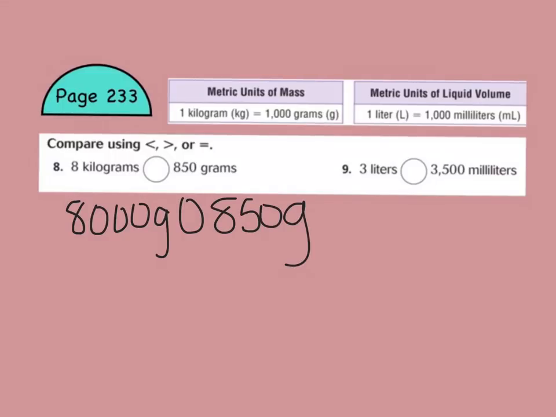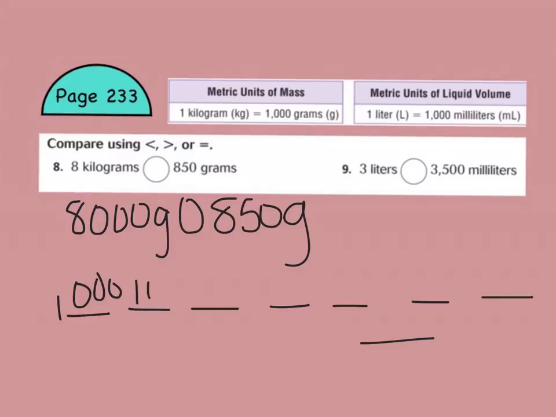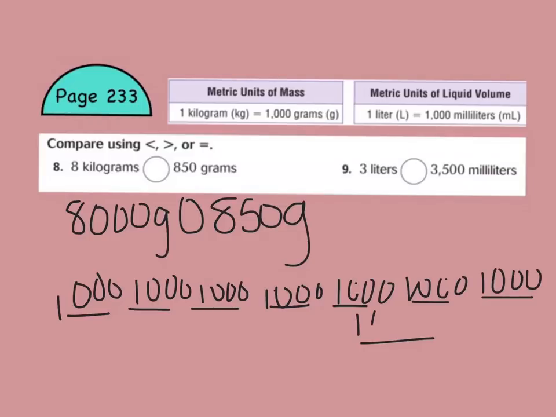Now, how I got that, boys and girls, is I just took my 8 kilograms, 1, 2, 3, 4, 5, 6, 7, and 8, and then I know that 1 kilogram is equal to 1,000 grams, so I thought, okay, 1,000 8 times is going to give me 8,000. And if you need to, you can go ahead and write it out. That's no problem. So I know that 8,000 grams is greater than 850 grams. So therefore, 8 kilograms is greater than 850 grams.